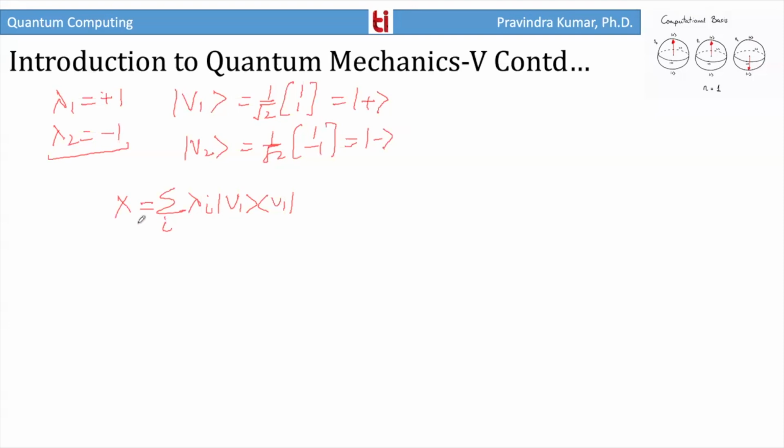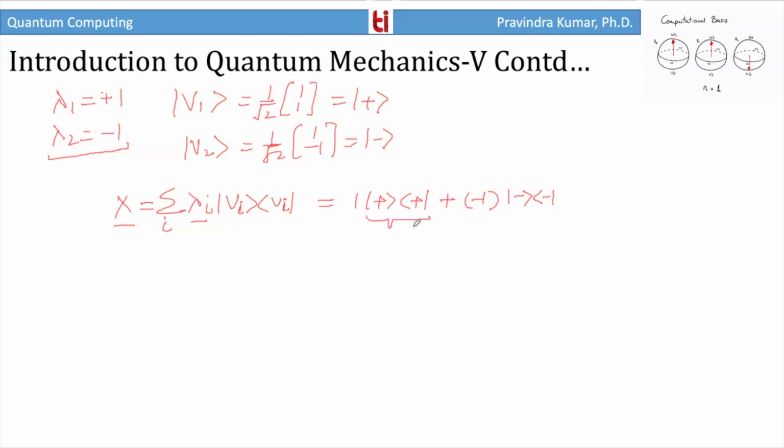So now the spectral decomposition of X will be the summation of eigenvalues lambda i and the outer product, or projector, of Vi. So it will be equal to eigenvalue 1 and the corresponding eigenvector plus, the projector of eigenstate plus, plus eigenvalue minus 1 and the corresponding projector of eigenvector minus.